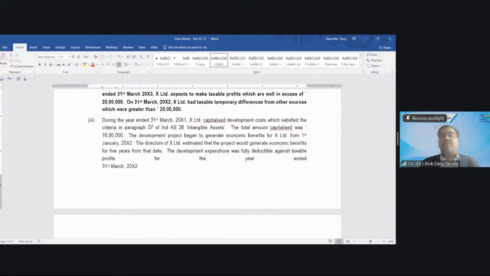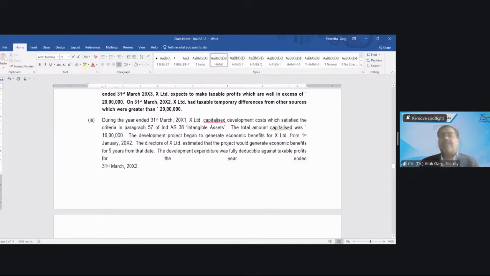The development cost began to generate economic benefit for X Limited from 1st January 2002. So 1st January in the next year, and we are talking about the year ended 31st March 20x1. The director of X Limited estimated that the project would generate economic benefit for 5 years from that date, that is, from 1st January 2002.